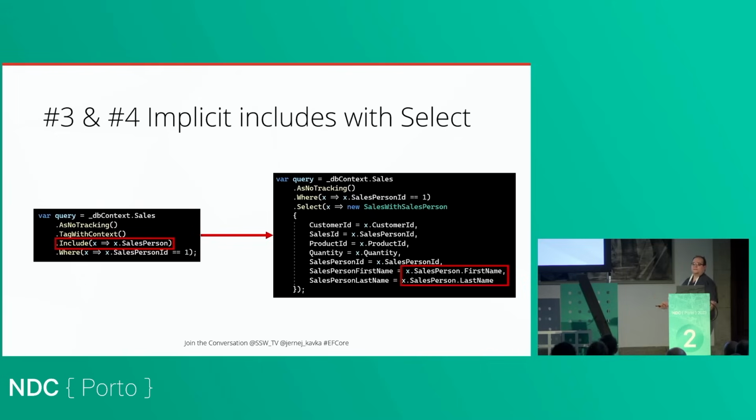And of course, you can use other libraries like AutoMapper to do the mapping. I usually like to do it manually just because it gives you a really good view on what data you're fetching. And everyone can look at the code and understand, okay, we're getting sales with salesperson, and all of this data is what we need for whatever we're going to do with it.